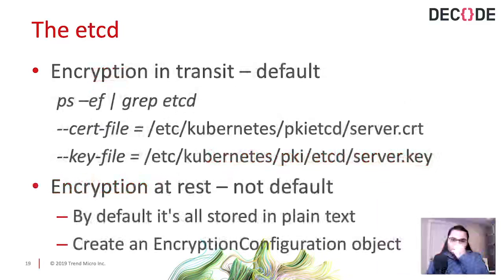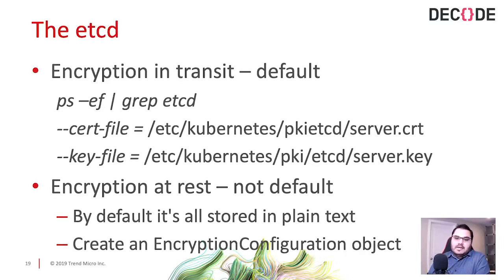So for etcd itself, the main things that you need to worry about are the encryption in transit and the encryption at rest. The encryption in transit is set by default, and it's usually taken care of for you when you create your cluster.